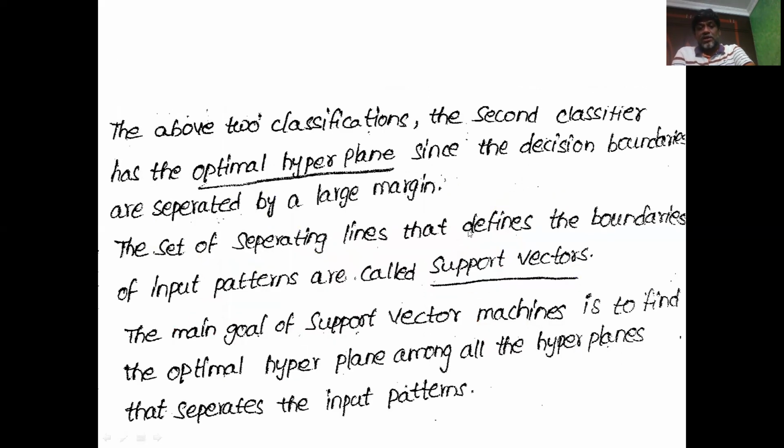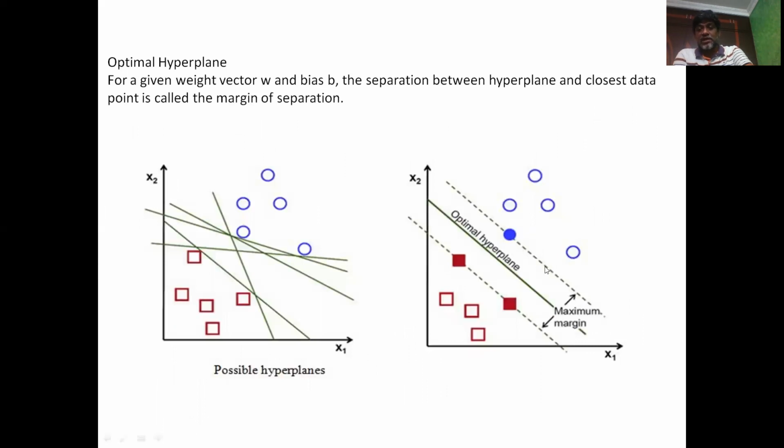And we have seen what a support vector is also. Support vectors are the points that define the positive hyperplane and negative hyperplane. If you observe, this point identifies the support vector for the positive hyperplane, and these two points identify the support vectors for the negative hyperplane.